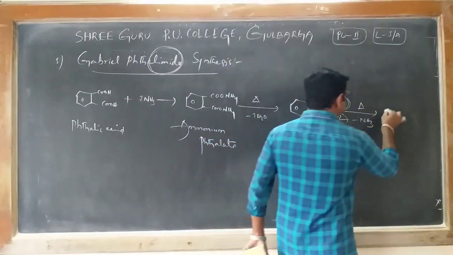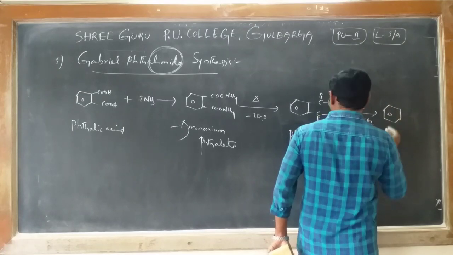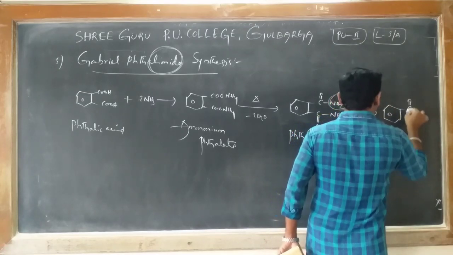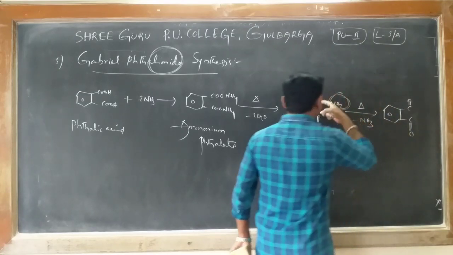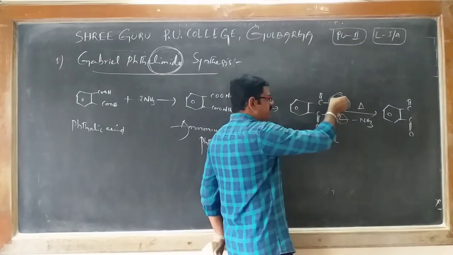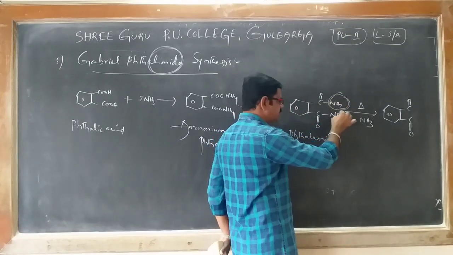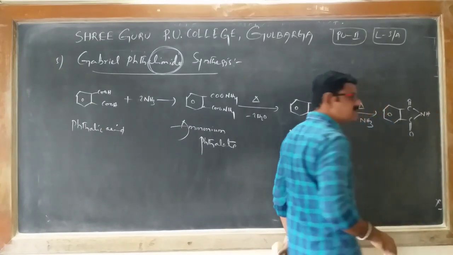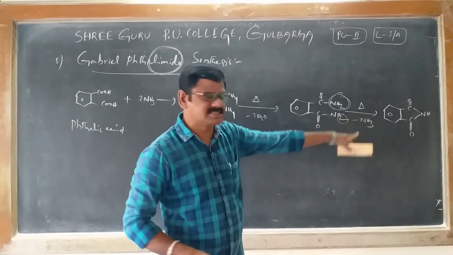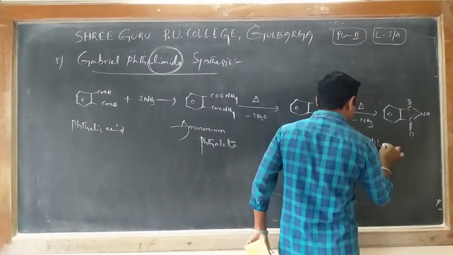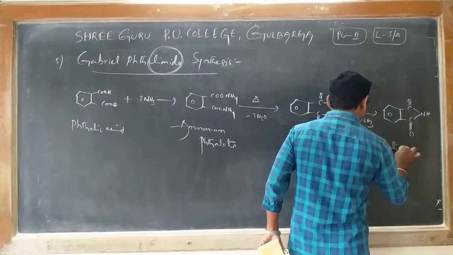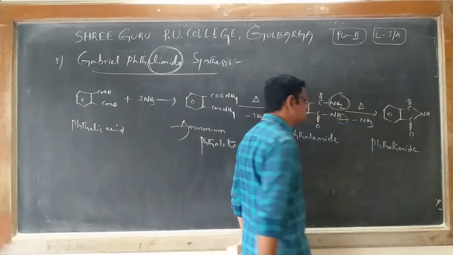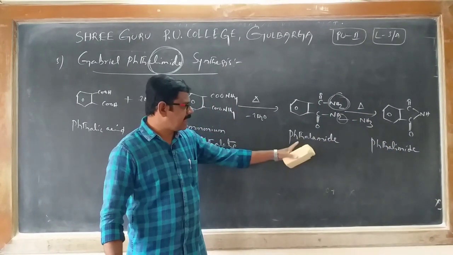The obtained structure is a benzene ring with CO and CO. From NH2 and H, after elimination only NH is left, and NH connects both CO groups like that. That compound is called phthalimide.